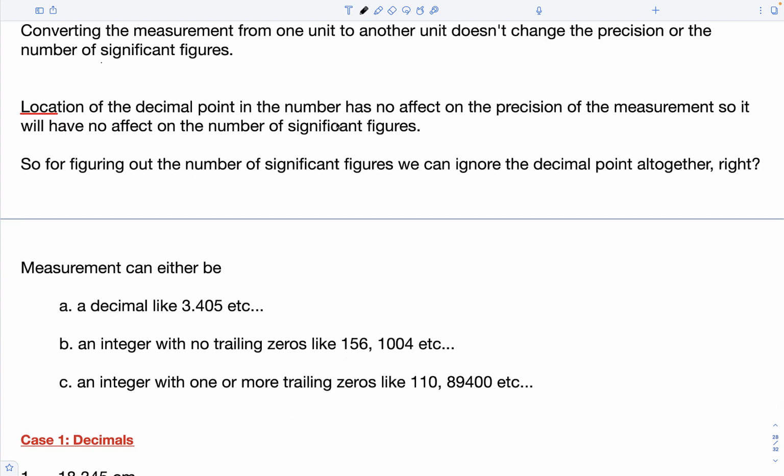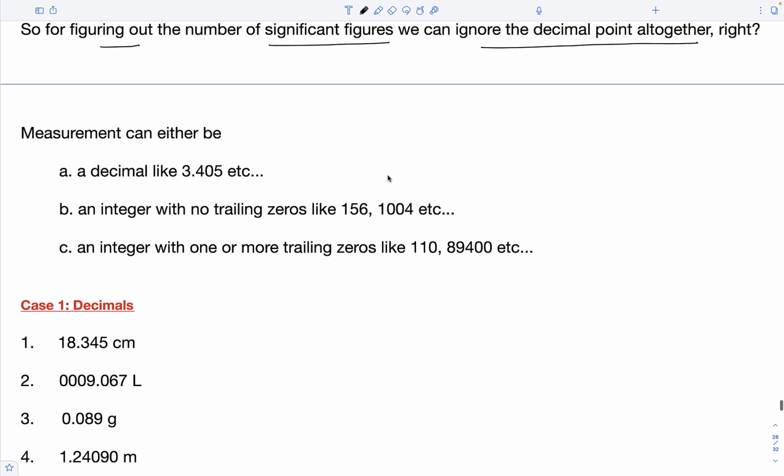And the location of the decimal point in the number has no effect whatsoever on the precision of the measurement or the number of significant figures. And if that is the case, can we ignore the decimal point altogether for the purpose of figuring out the number of significant figures? I think we can. And with that, we are ready to figure out the number of significant figures.